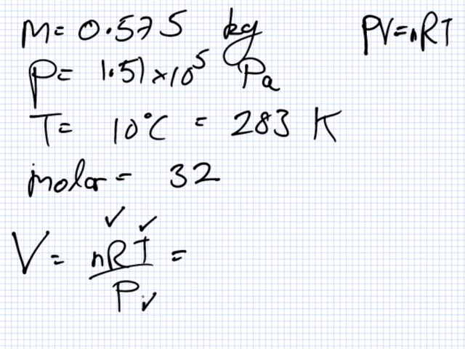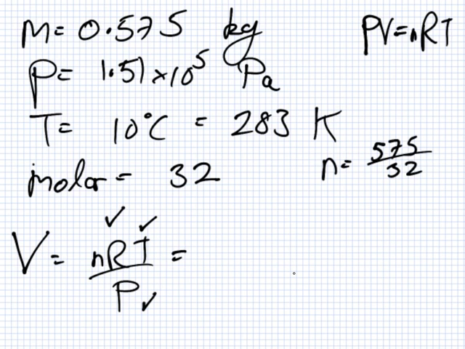The molar mass is 32. The definition of relative molar mass is that you require 32 grams of oxygen to have a mole of oxygen. So if 32 grams is required for 1 mole, then n will be 575 over 32.